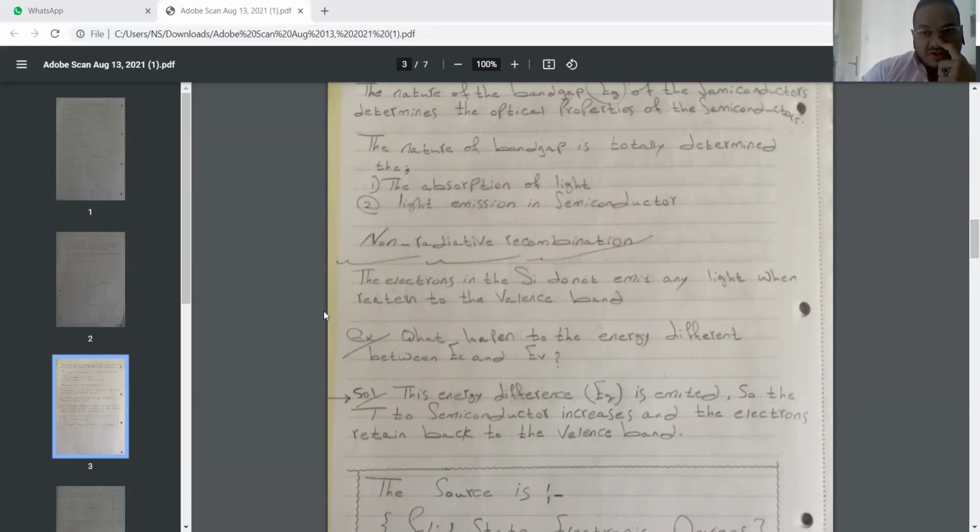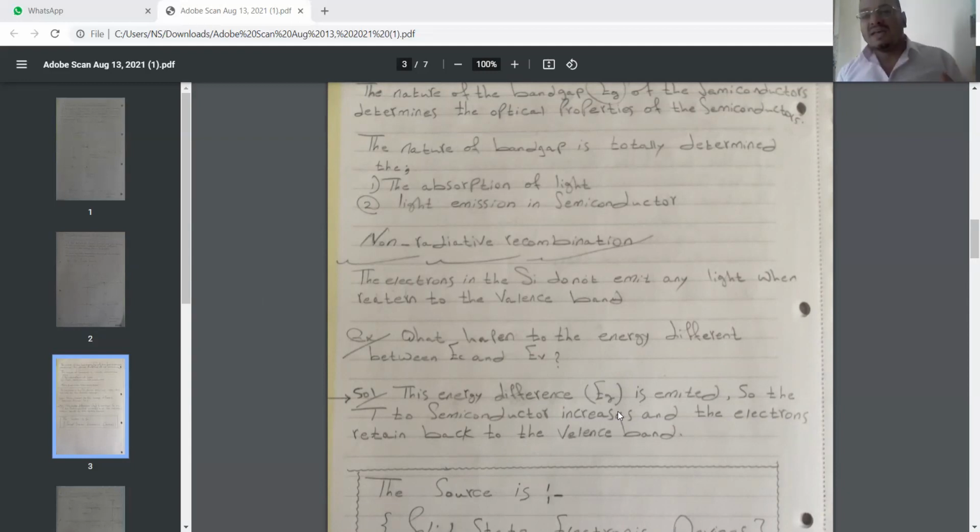Let's answer this question. The question says: what happens to the energy difference between EC and EV? We know energy band gap equals EC minus EV, I mean the valence energy band. What happened to the energy here? This energy difference, I mean the energy band gap, is emitted.